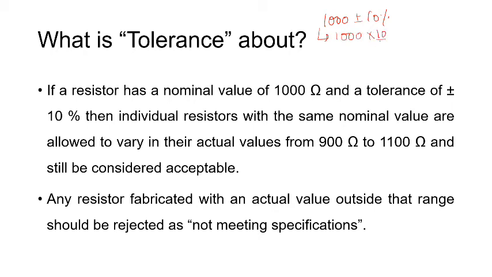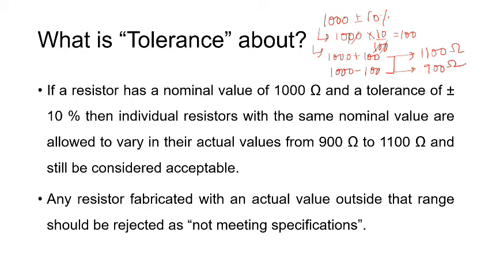10% of 1000 would be 100, which means if I add 100 to this 1000 and subtract 100 from this 1000, I would get a range from 900 ohms to 1100 ohms.